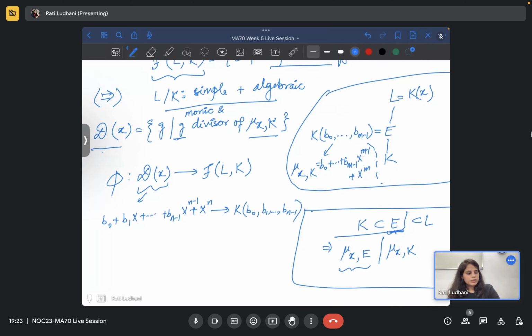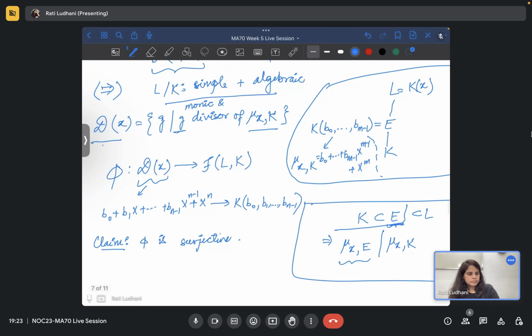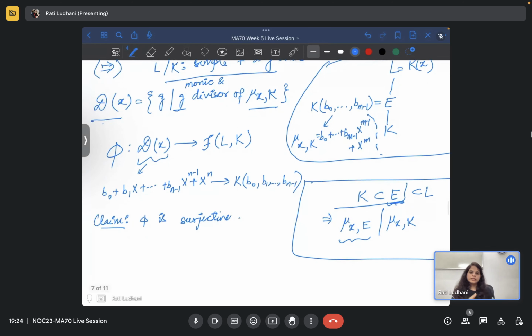So we claim that phi is surjective. Firstly, this map is well defined. How will you say that?